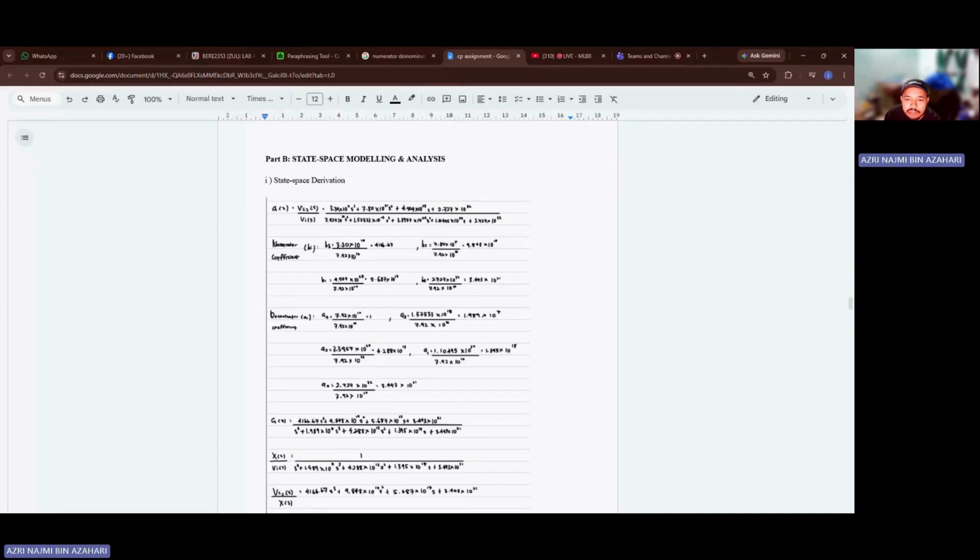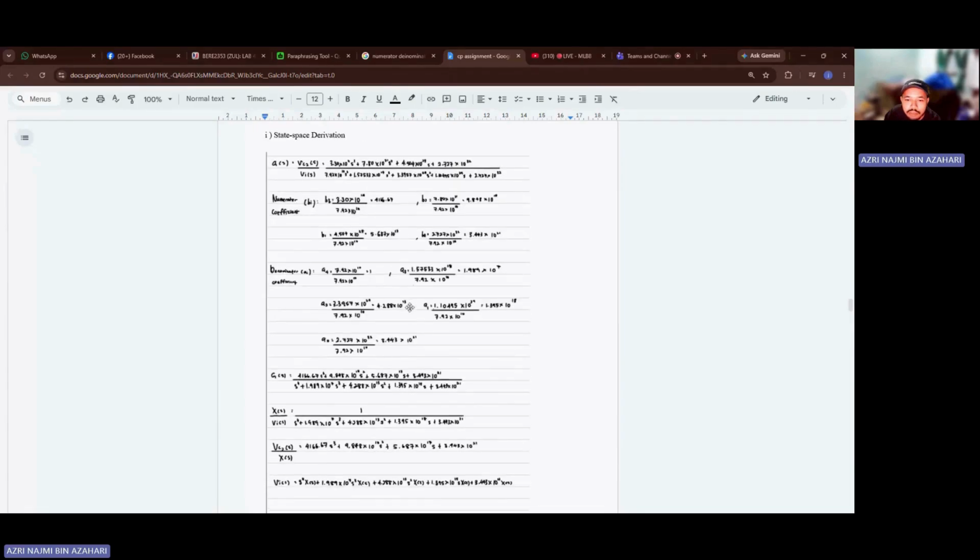From this normalization process, the coefficients A0 to A3 and B0 to B3 are calculated and substituted into the transfer function. Next, the transfer function is separated into the state equation and output equation form.